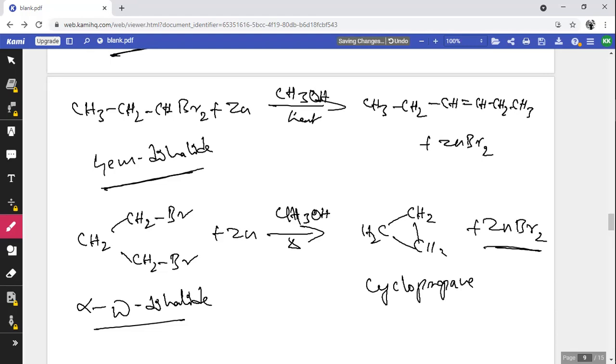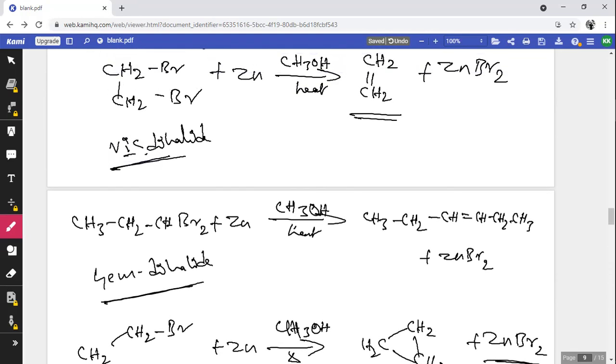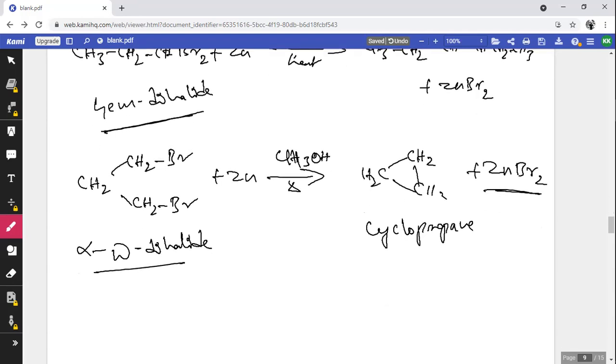So please observe the difference. If you consider vicinal dihalide, it is going to form a product with the same number of carbon atoms. And if you consider geminal dihalide, the product consists of twice the number of carbon atoms compared to that of the reactant. And if you consider alpha gamma dihalides, the product is formed in a cyclic manner.